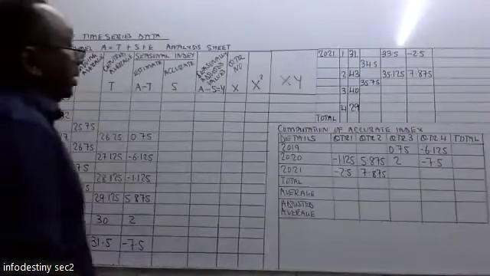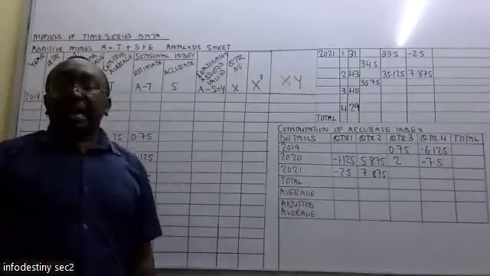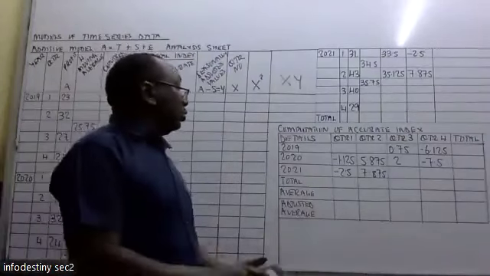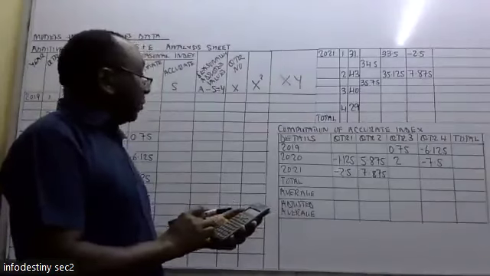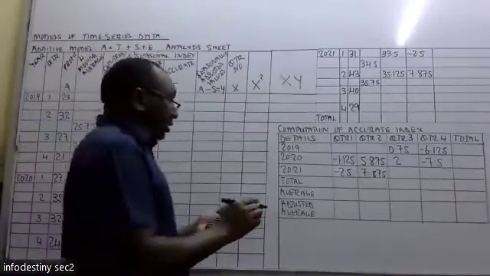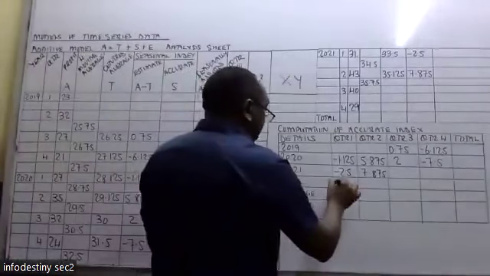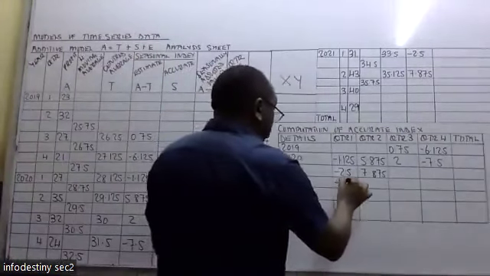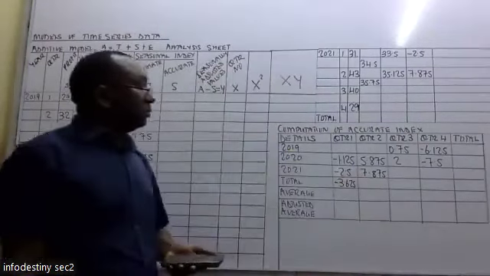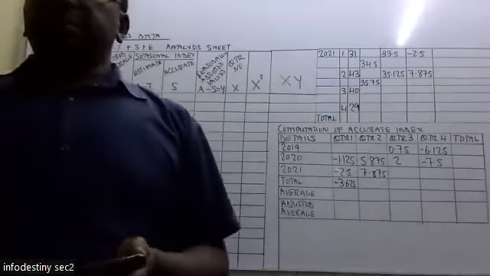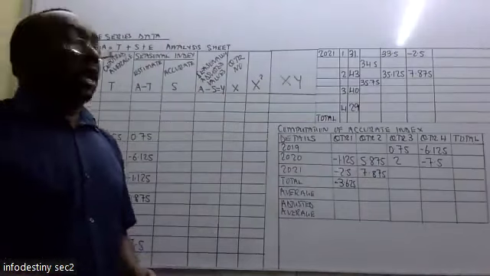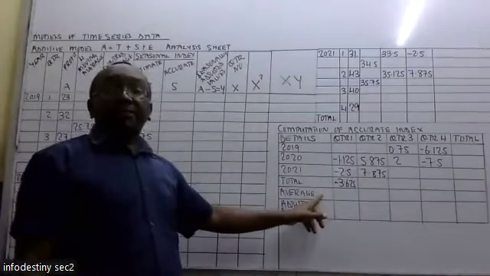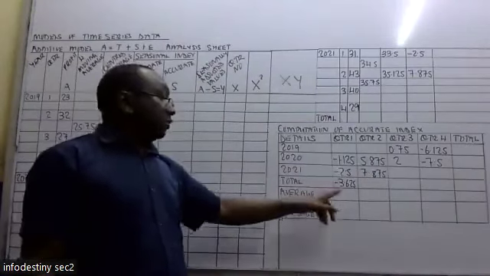Good. So now we take the calculator and get the totals. These two, you add them. 1.125 plus 2.5 is minus 3.625. And because we have two of them, we need to get the average, so you divide by 2.